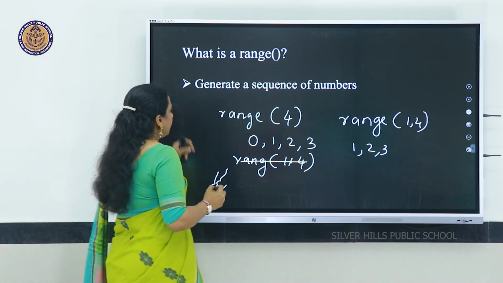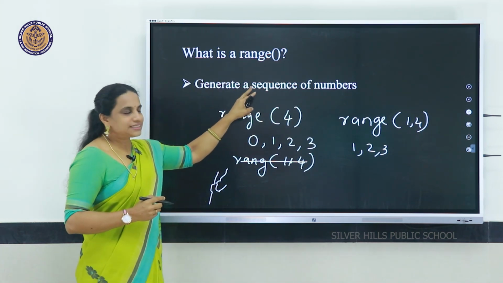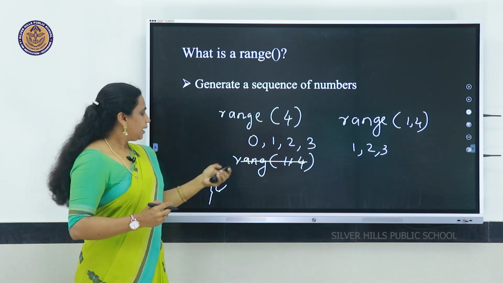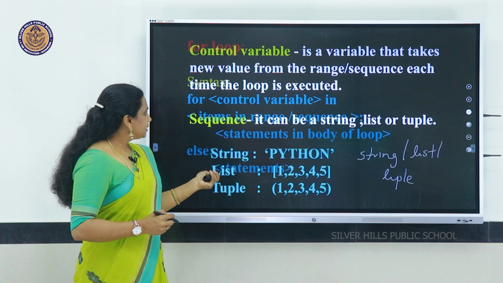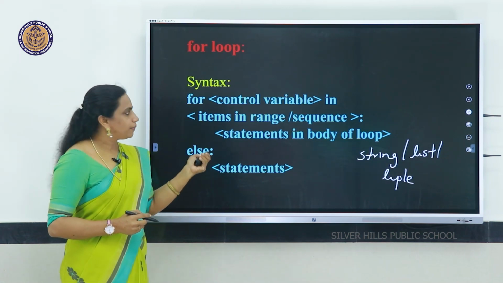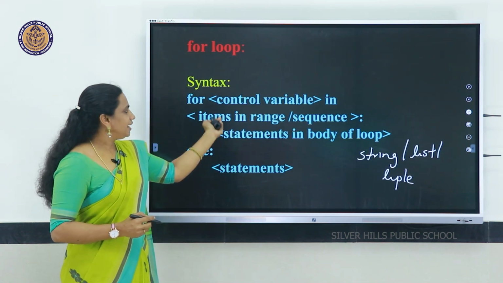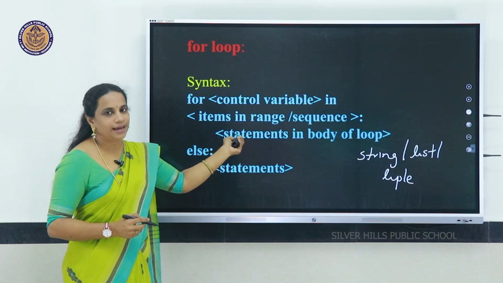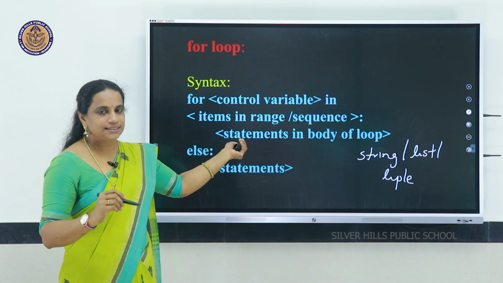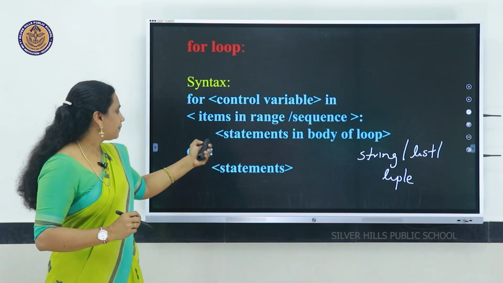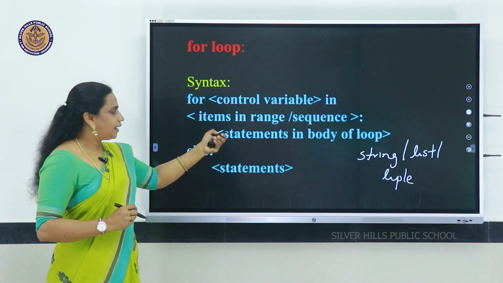Now we can use the range function in for loop, and let us see what is a control variable. According to the syntax, the for loop is: for control variable in items in range. Range is a function for generating numbers like 1, 2, 3, 4, etc. Now what is a control variable?